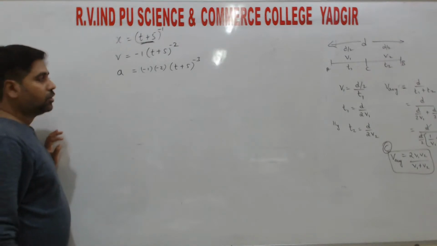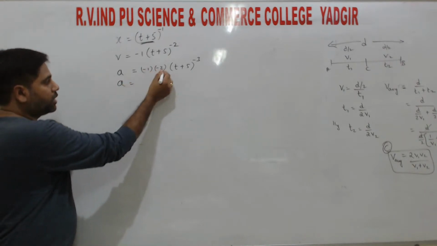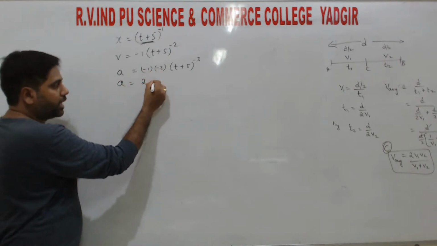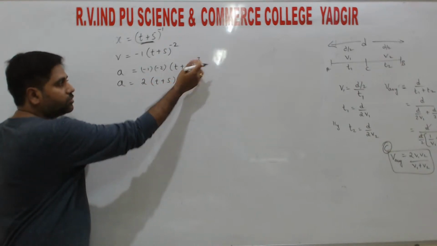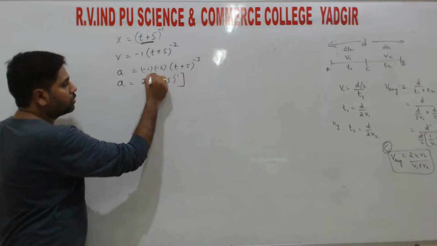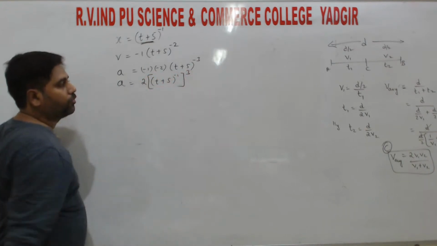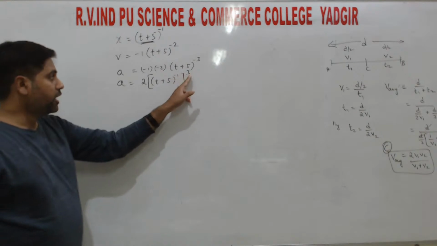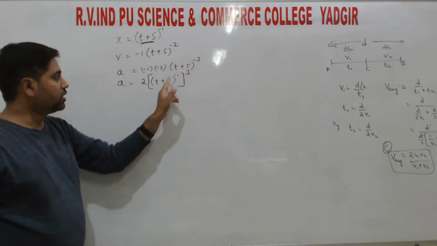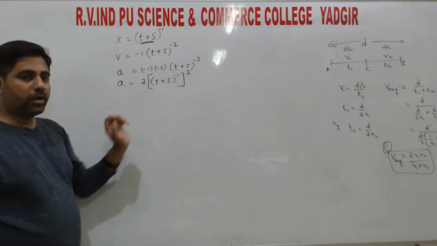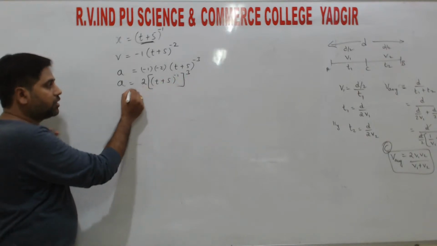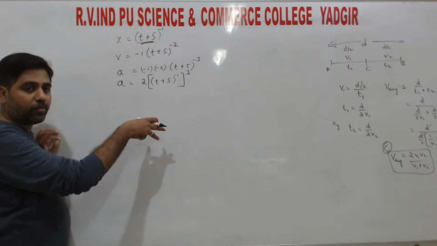So a is equal to minus 1 into minus 2, so we get 2 into t plus 5 whole power minus 1, whole cube. So minus 1 into 3, again we get minus 3. So this we can write as t plus 5 whole power minus 1 whole cube. Since 2 is a constant, there is acceleration proportional to.